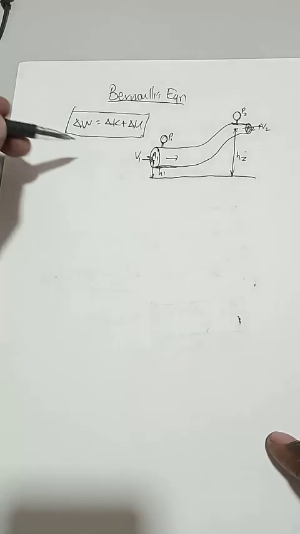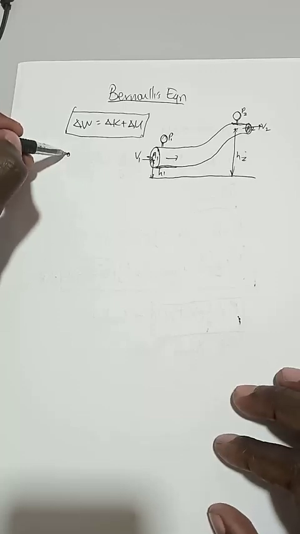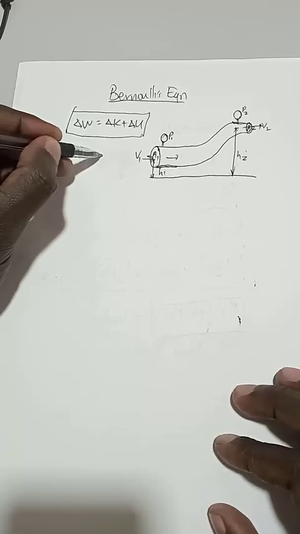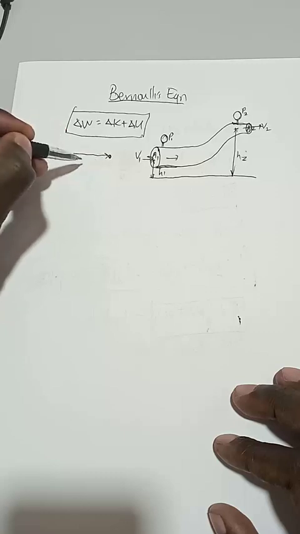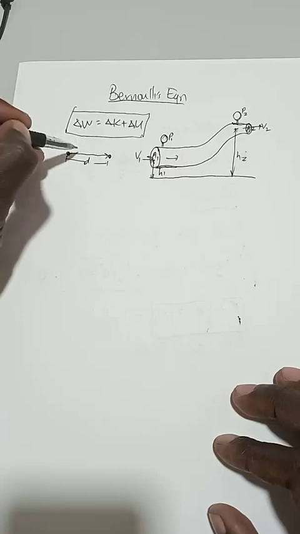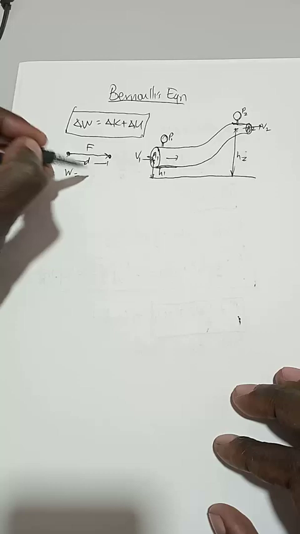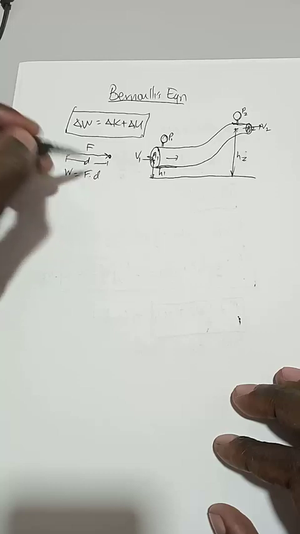Now, finding the work done. Work done is basically when you move a body or mass a distance to a particular point. Suppose you move this body with a given force, then the product of force times distance is the work done.